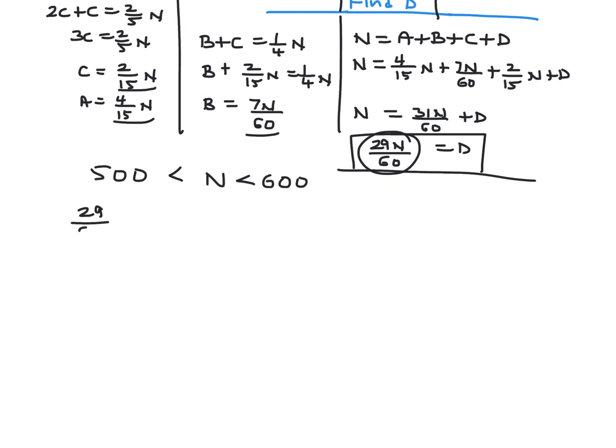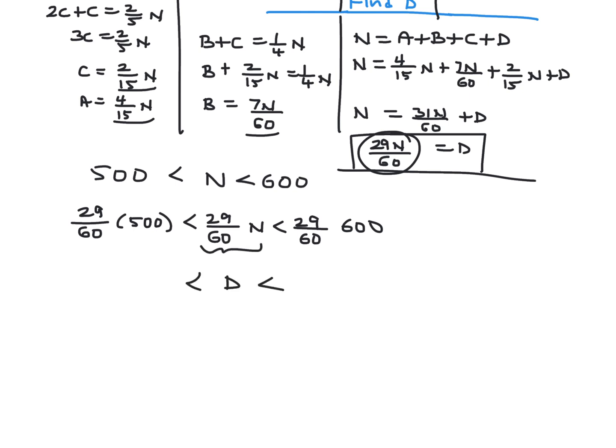So 29/60 here, 29/60 here, and 29/60 here. So then therefore that just basically is D, and then we need to look at those numbers. But this question at this point is a bit tricky, because when you figure out those numbers, it becomes 241.6 and then 290. And I think, well, then what's D?